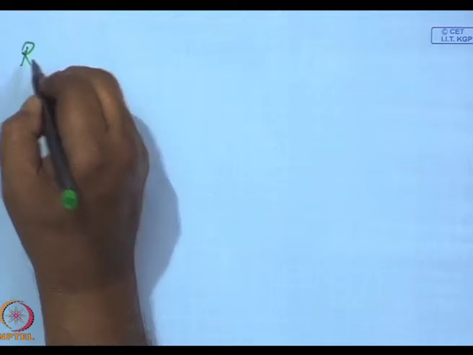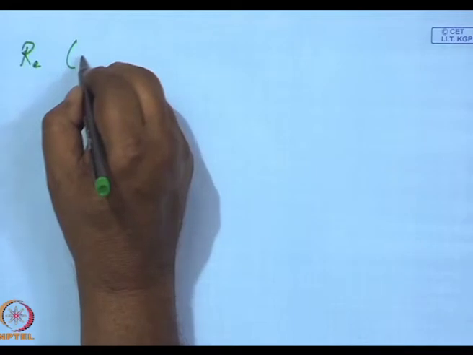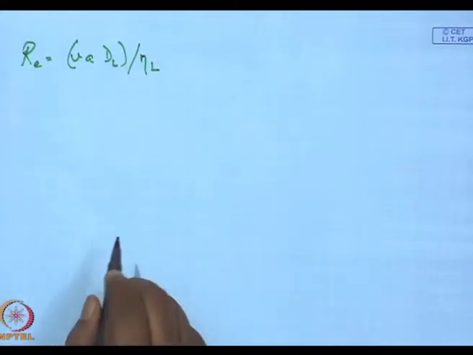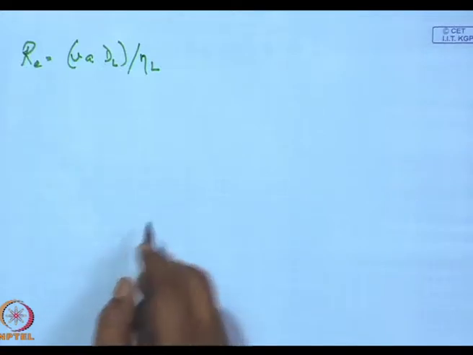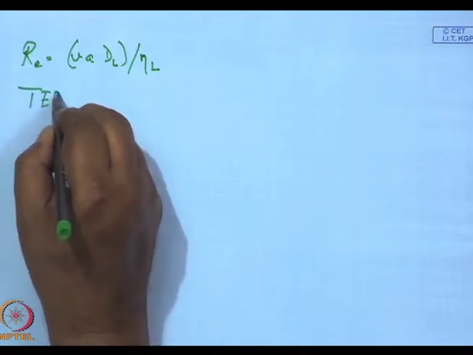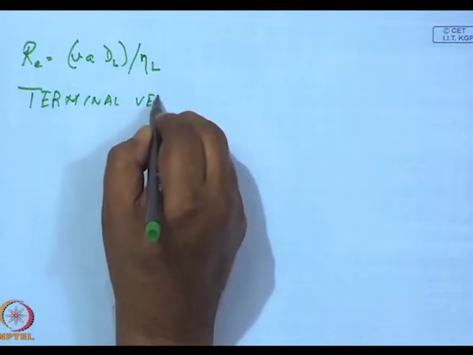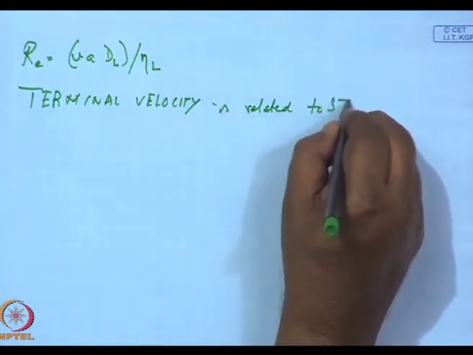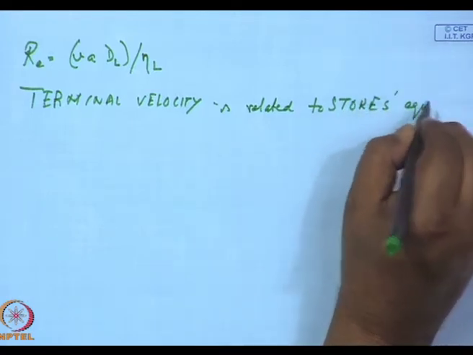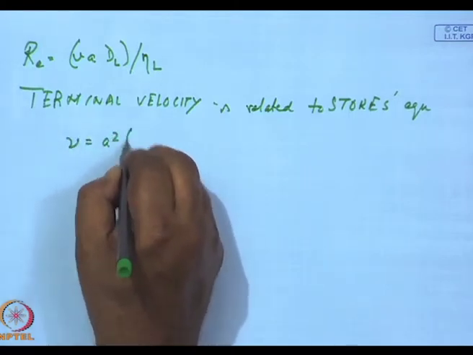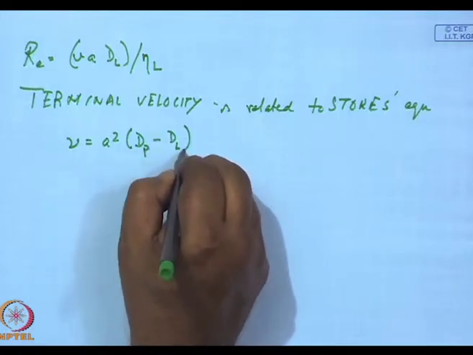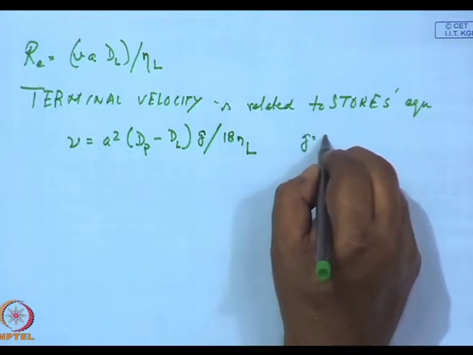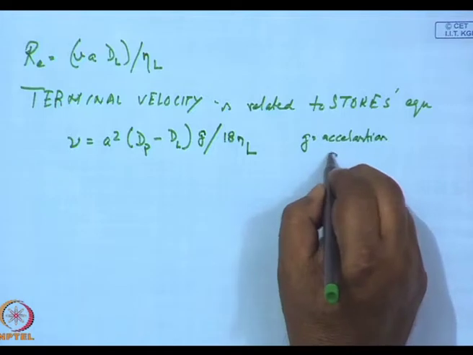This Reynolds number Re is calculated from the equation, this is the Reynolds number, and the terminal velocity is related to Stokes' equation by, G is acceleration due to gravity.